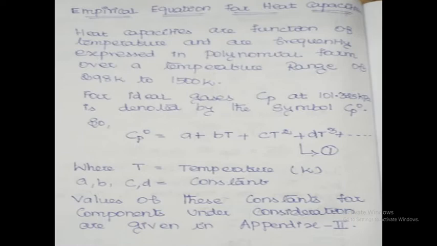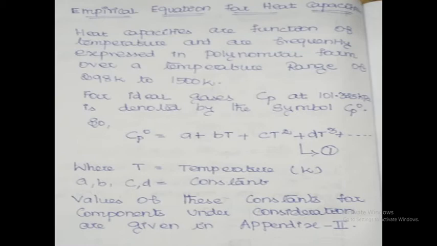Empirical equation for heat capacities. Heat capacities are a function of temperature and are frequently expressed in polynomial form over a temperature range of 298 Kelvin to 1500 Kelvin. For ideal gases, Cp at 101.325 kilopascal is denoted by the symbol Cp0.